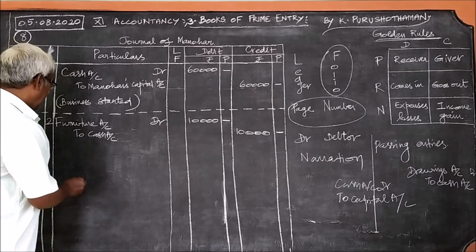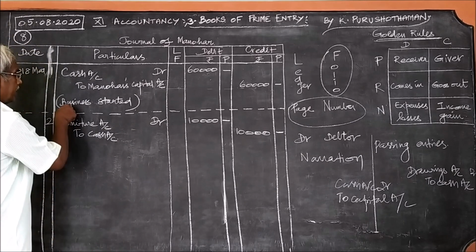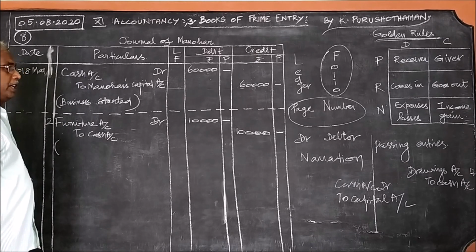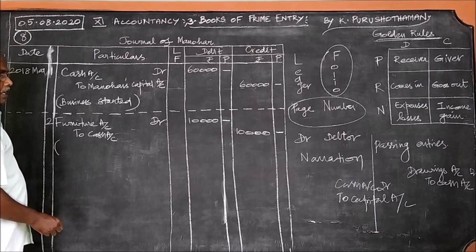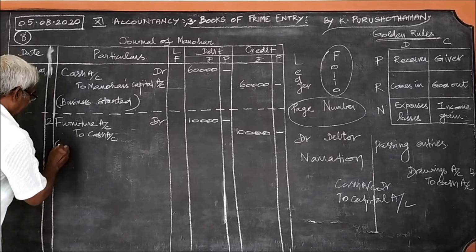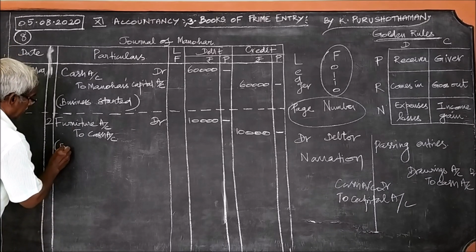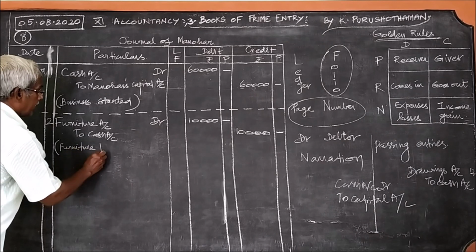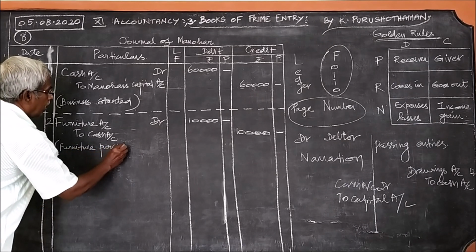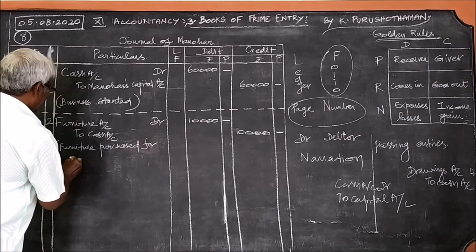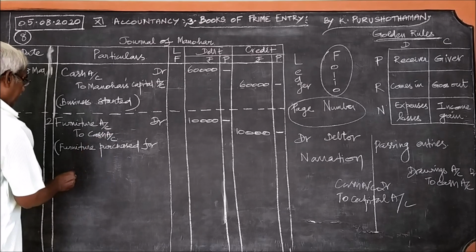10,000. That's all. And a very important point: what we are writing in the bracket is called the narration, the brief explanation of the transaction made. What is the transaction made? Furniture purchased for cash, or purchase of furniture for cash, or cash purchase of furniture.